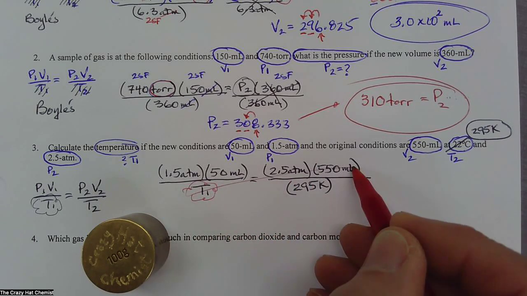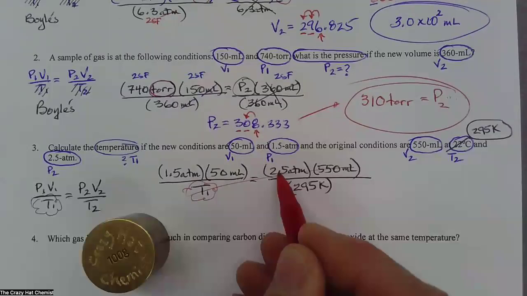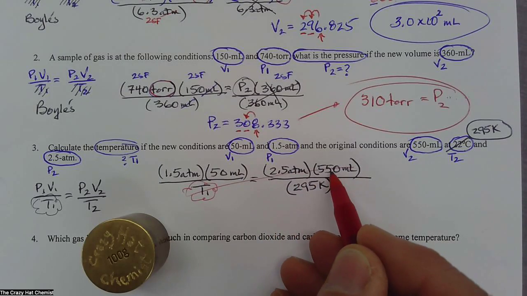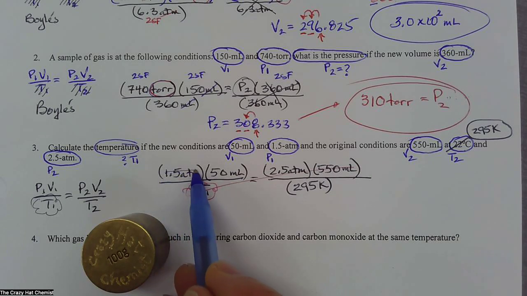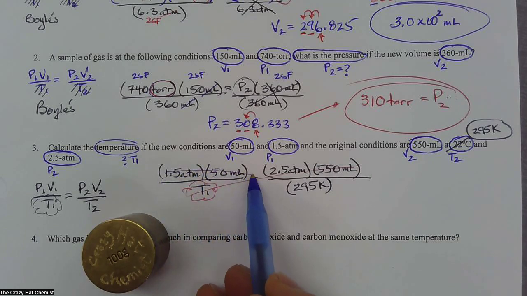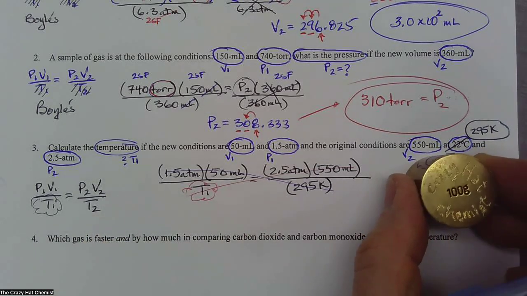We cross multiply. So I'm going to say T1 times 2.5 atmospheres times 550 milliliters is equal to 1.5 atmospheres times 50 mils times 295 Kelvin. So that's what we're going to write down here.